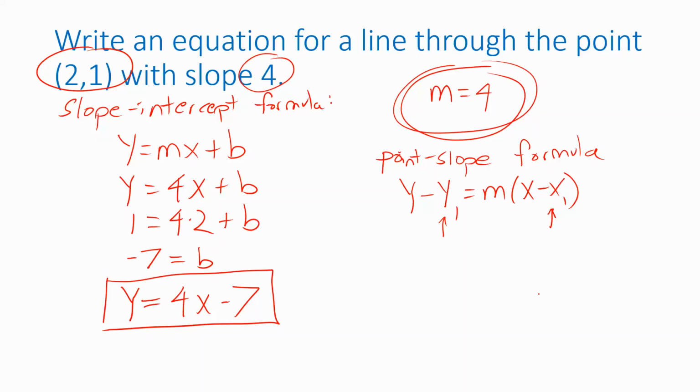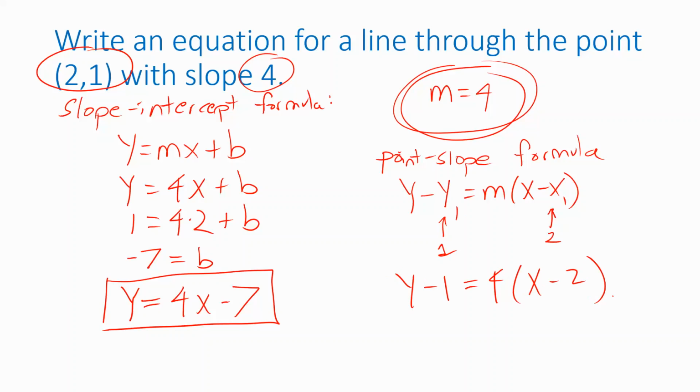We will plug in the given point for x1 and y1. So the x1 is the given point's x value, 2, and y1 is the given point's y value, 1. So when we plug those in, we have y - 1 = 4(x - 2).